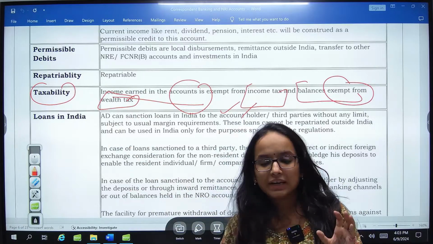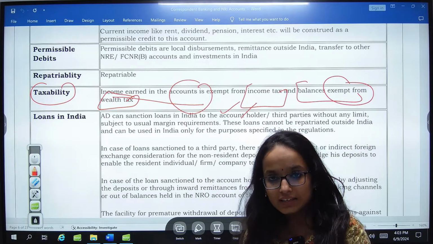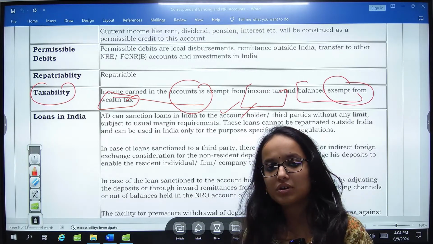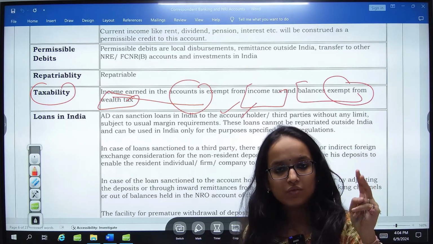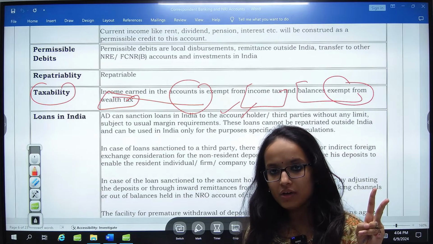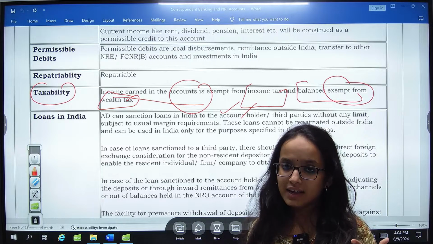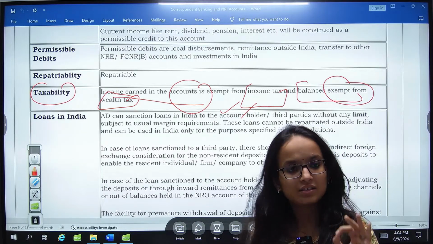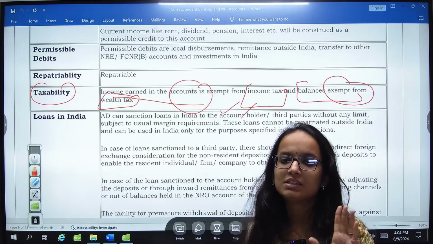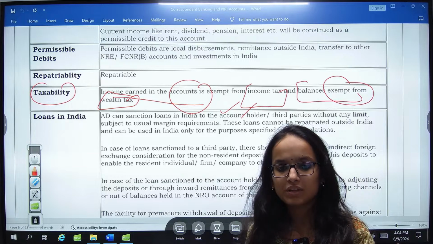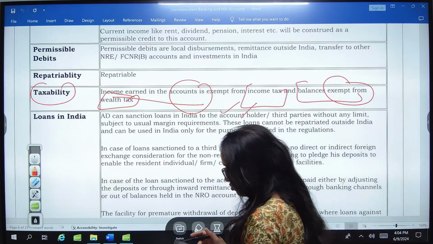So any balance maintained or income generated in this account, interest, anything, in FCNRB is exempt from income tax as well as wealth tax. Clear? Okay. Try to recall the similar provision for the NRE account. We have discussed that under the NRE account as well, all the income, balances and interest accruing to the account are non-taxable under income tax as well as wealth tax. They all are exempt from income tax and wealth tax. Clear? So this is the thing.